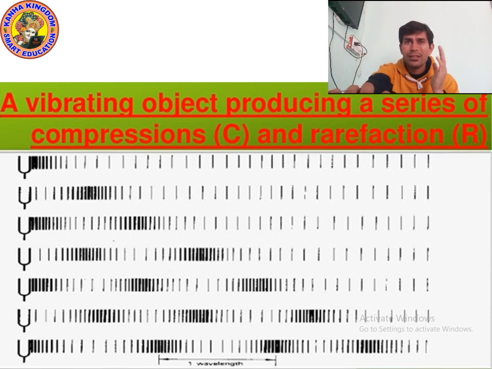When the tuning fork vibrates, the particles of air around it start vibrating very fast because the tuning fork strikes those particles. At that time that area has high pressure.